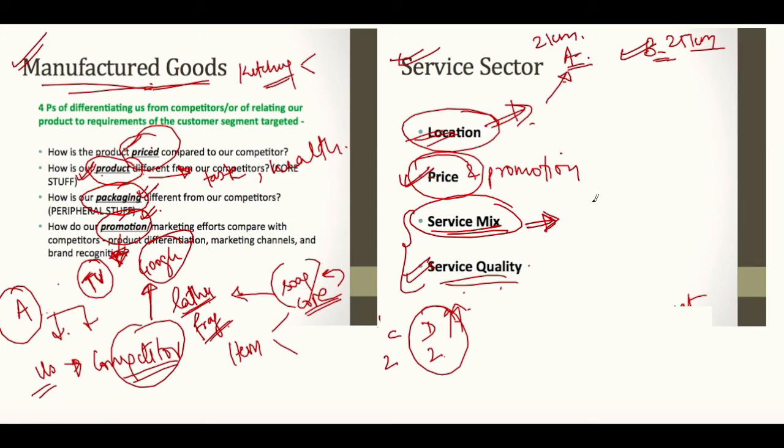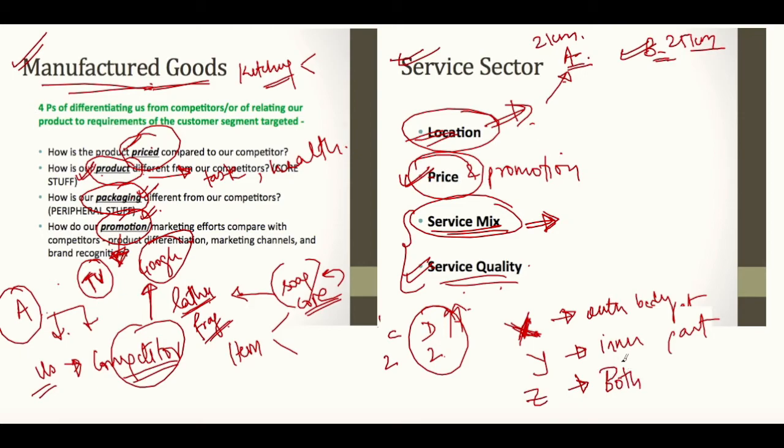Another point here could be the service mix. Let's say X focuses on outer body damage of cars, Y focuses on inner parts of the cars, and Z has both.